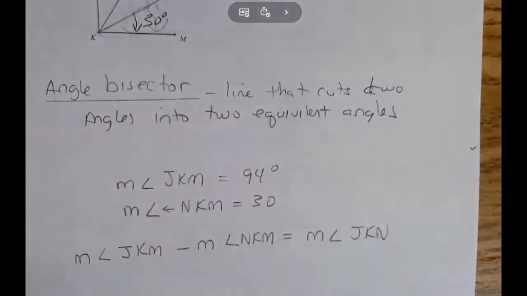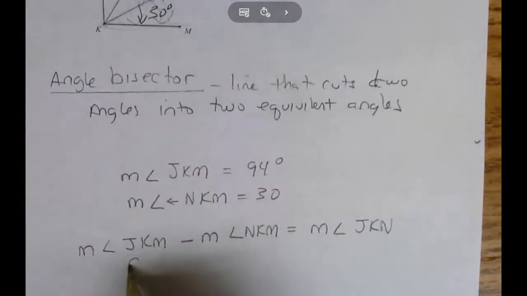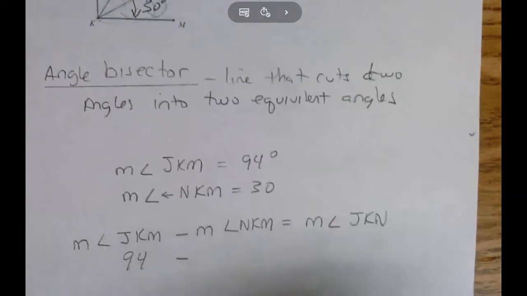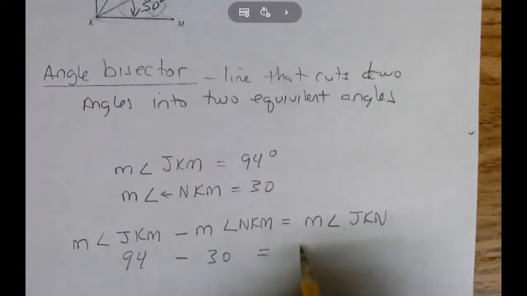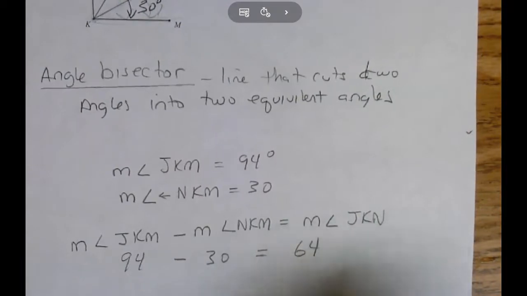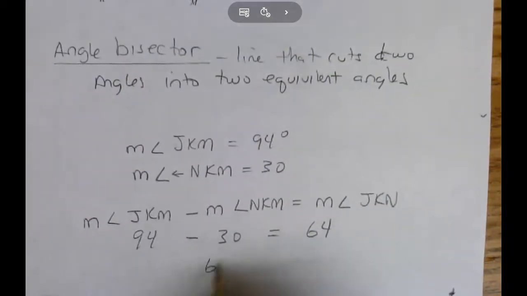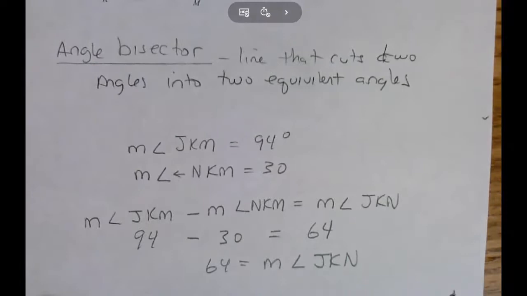That should give us the angle we want to know. So we plug in 94 minus 30, and that will give us this angle, which will be 64. So we can write 64 equals the measure of angle JKN. That's our answer there.